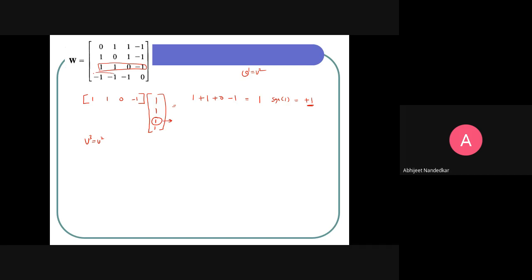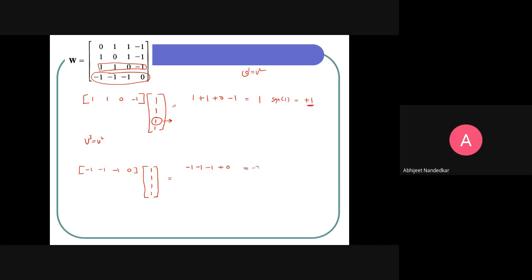Then you take the fourth neuron, because now that neuron has got the chance to update. So you apply this same input, you multiply this. So this is -1 -1 -1 plus 0.